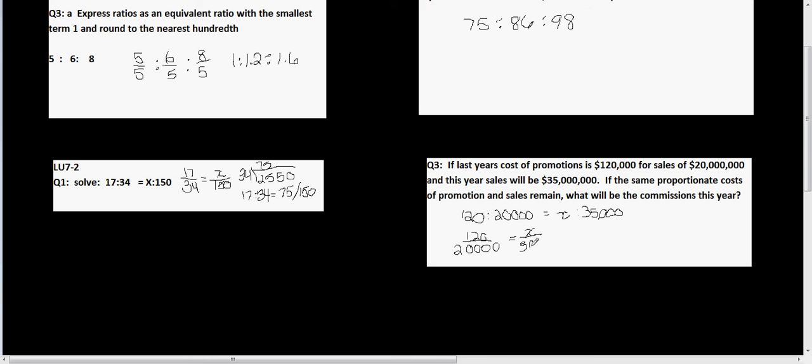You can see why I dropped those extra zeros. It takes a while to write them down. Okay, what do we do to solve? We cross multiply, then divide. 120 times 35,000, all divided by 20,000.